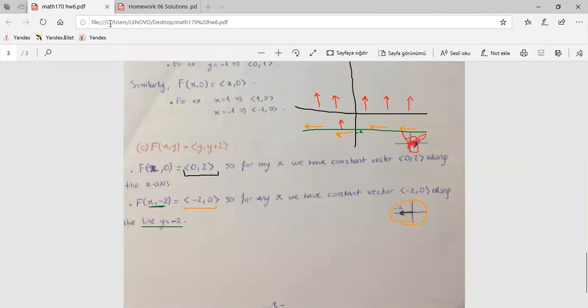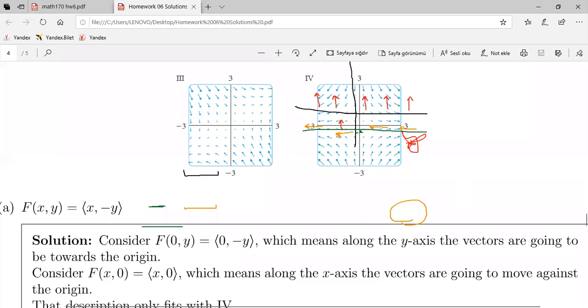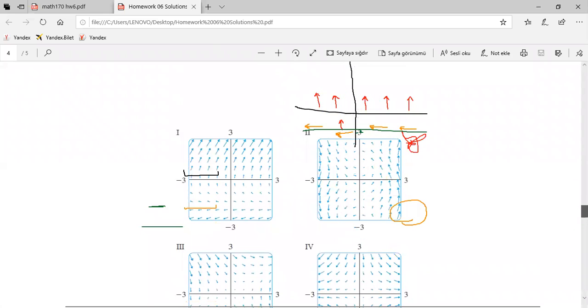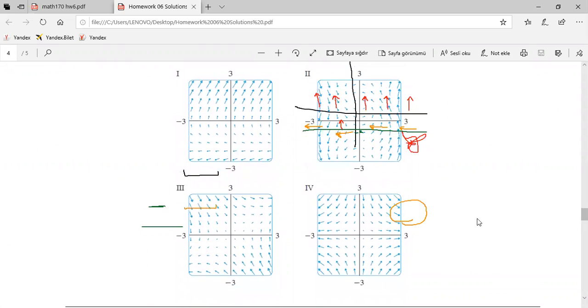So let's find the plot. If you look at the first one, we see that along the line y equals -2, we have exactly the same vectors.